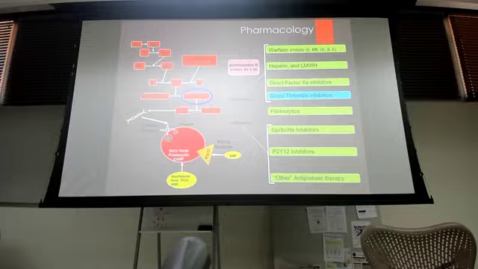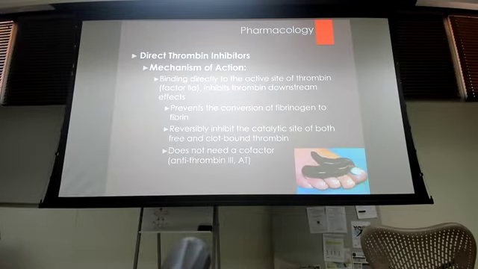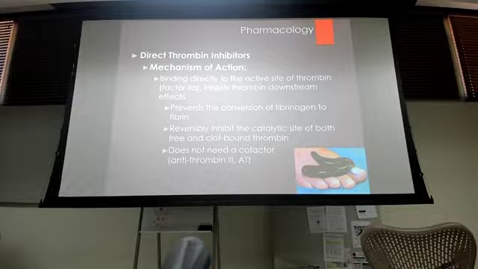So as far as anticoagulants go, moving on down, getting into the direct thrombin inhibitors. They act directly on thrombin, which makes them different from the heparins. That's going to inhibit the ability of fibrinogen to be turned into fibrin, which is what stabilizes the clot.